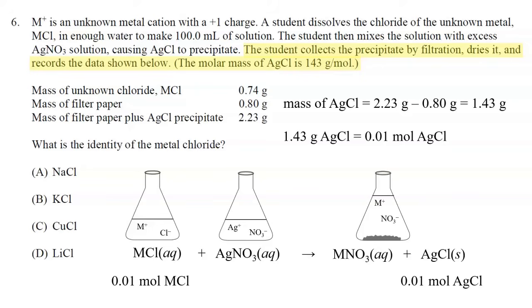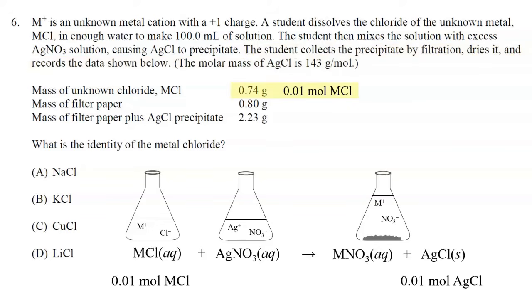Now, back to the data table, it says the mass of the unknown chloride, MCl, is 0.74 grams, but we know that that is equivalent to 0.01 moles. And since there's 0.74 grams of this compound for every 0.01 moles, let's just multiply both sides of that equation by 100, there must be 74 grams of MCl per mole. So we now just figured out the molar mass of MCl is 74 grams per mole.